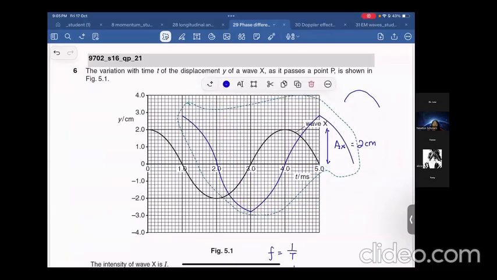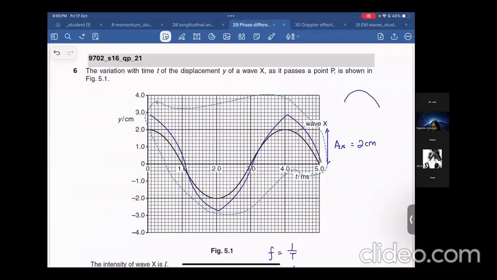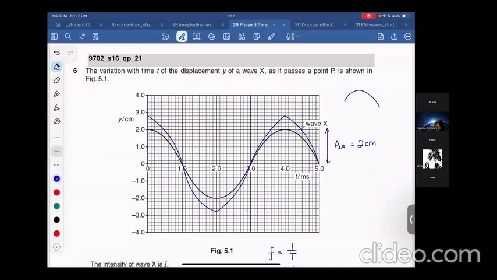Do you agree? Maybe I can draw it in this way. From here to here is 360 degree, crest to crest. Then from here to half of it is called 180 degree. Then 90 degree, you should move like this.